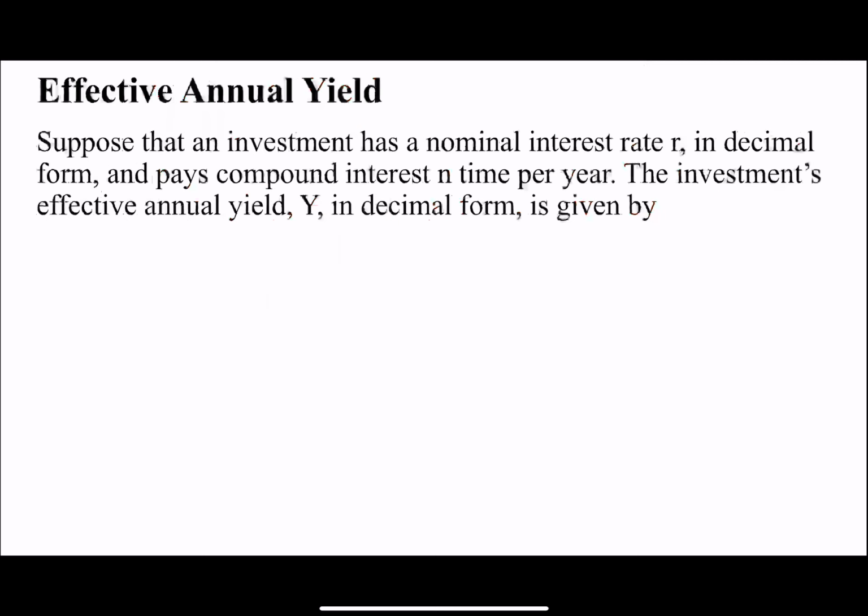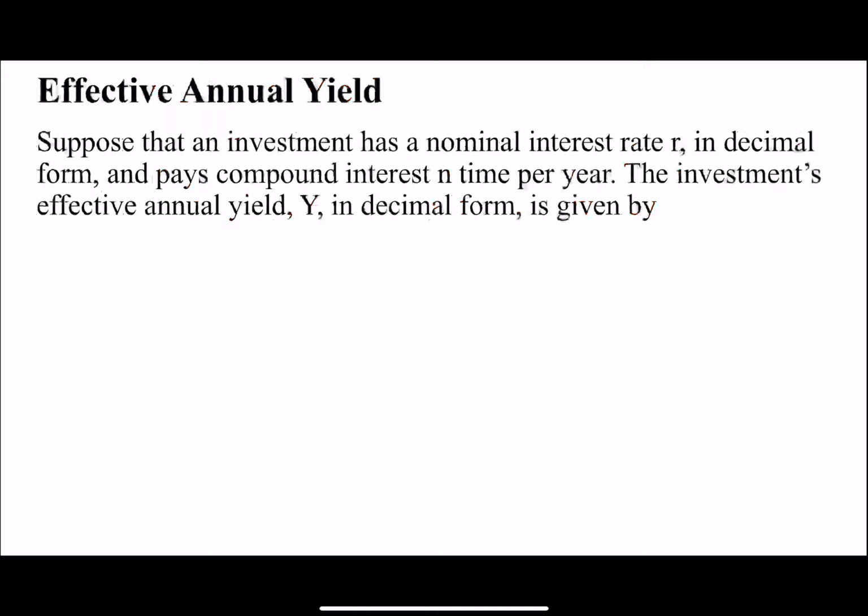Here we go. Let's say we don't have the principal, so you can't find the future value. How do you find the effective annual yield? So let's say we have an investment that has a nominal interest rate r in decimal form and pays compound interest n times a year.